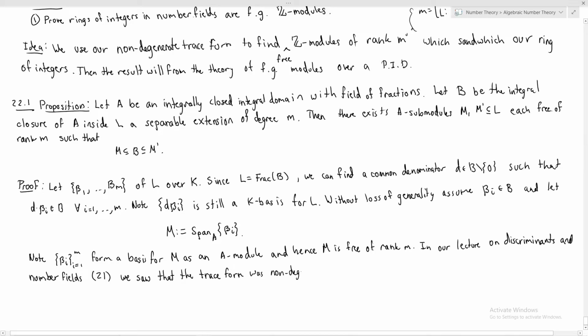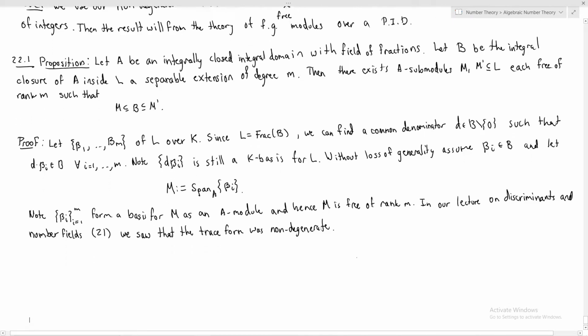Remember, this amounted to using some Galois theory to reformulate the discriminant formula. We used our formula for the trace that involved Galois conjugates, rewrote our discriminant formula, and then used linear independence of characters to say that the discriminant of the trace form was non-zero in the case that L is a finite separable extension of K.